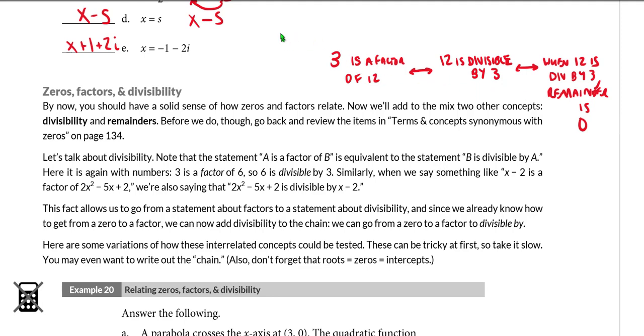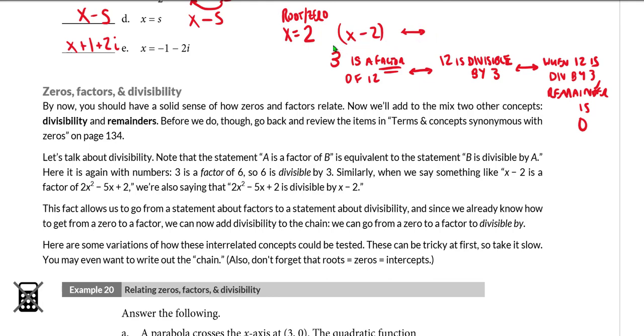So for instance, let's keep it simple, let's say x equals 2 is a root or zero. We just talked about the fact that we could say x minus 2 is a factor of the polynomial. When we say polynomial, we're talking about a function.